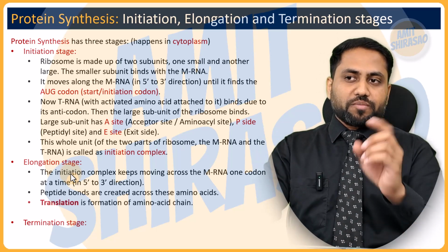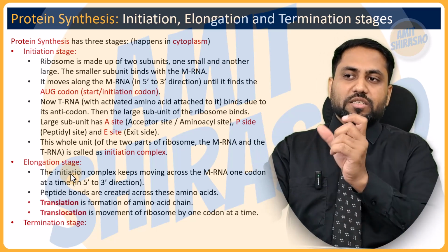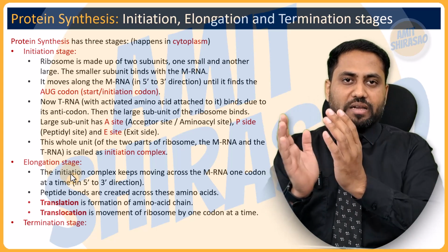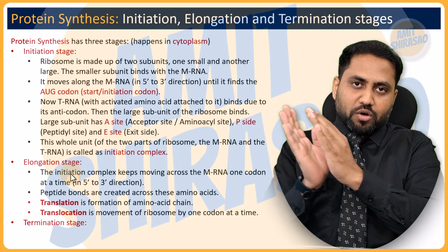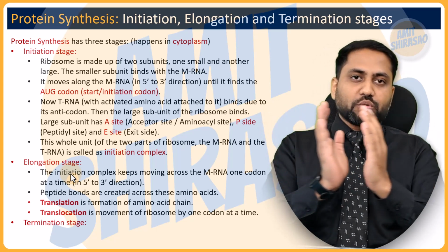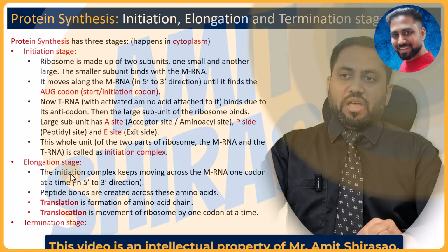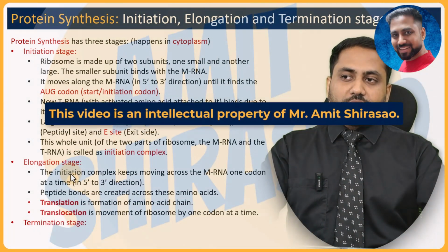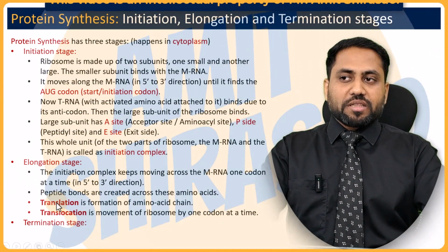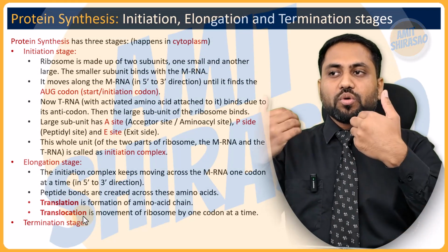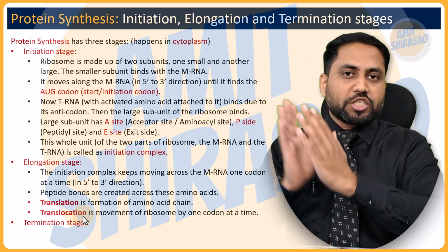Translation is the formation of the amino acid chain, and translocation is the movement of the ribosome, that is rRNA, across the mRNA from 5 prime to 3 prime, one codon at a time. Translation and translocation together lead to elongation.